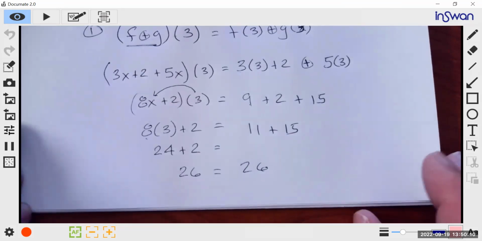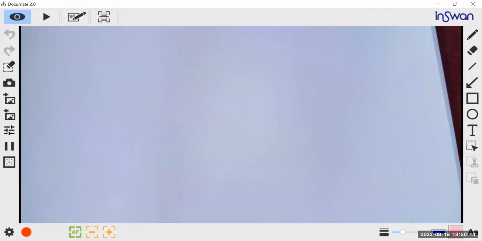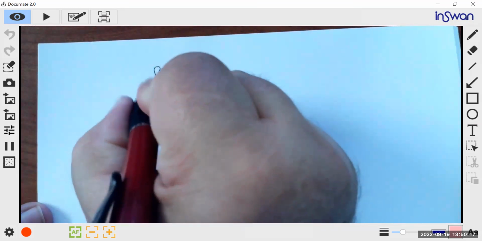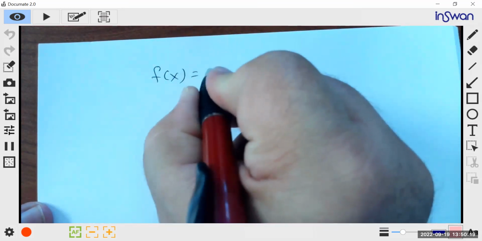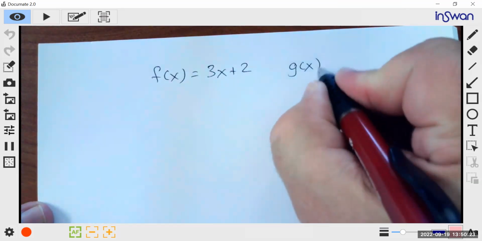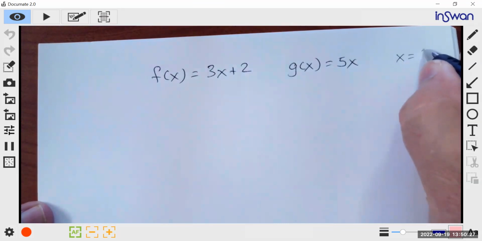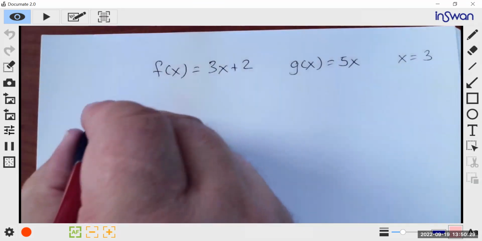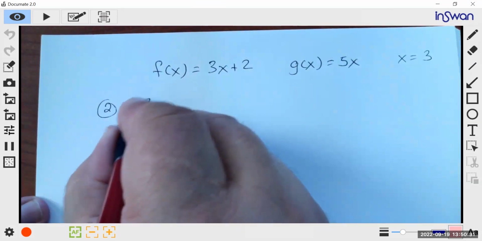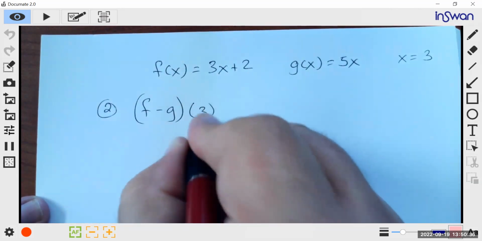Let's go ahead and try the minus one, subtraction one. Remember, f of x equals 3x plus 2, and g of x equals 5x. We're saying x equals 3. We're doing f minus g of 3.